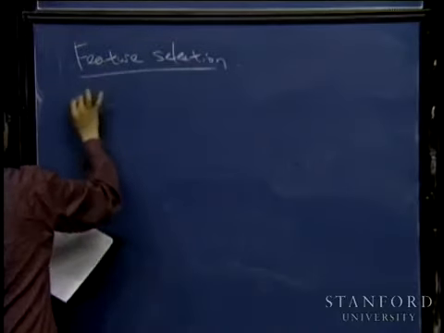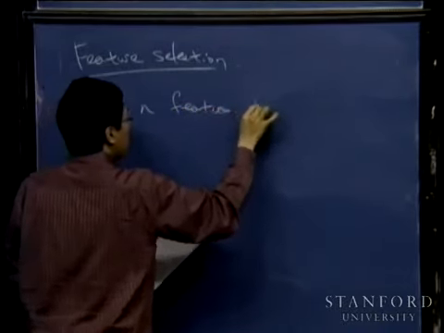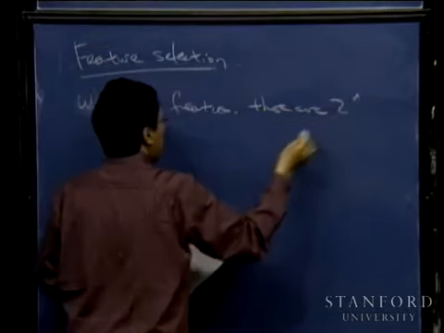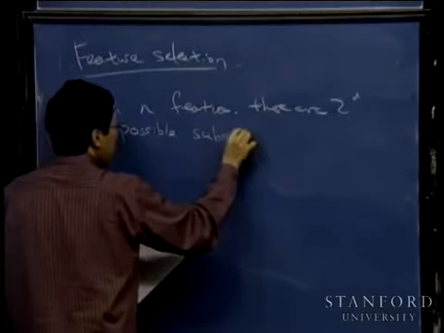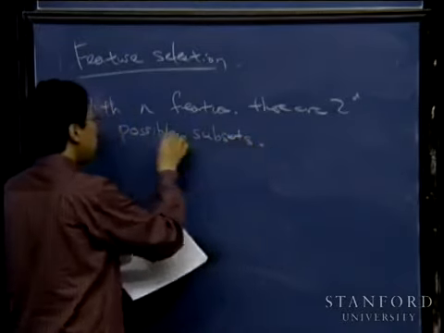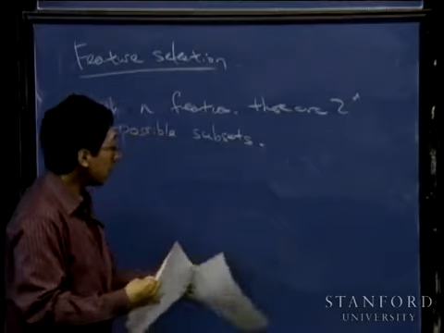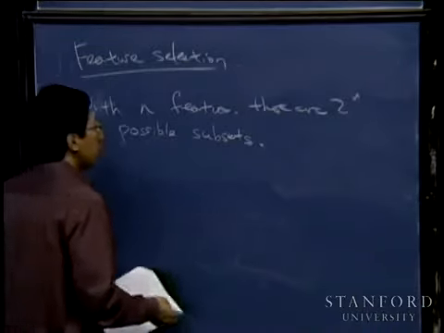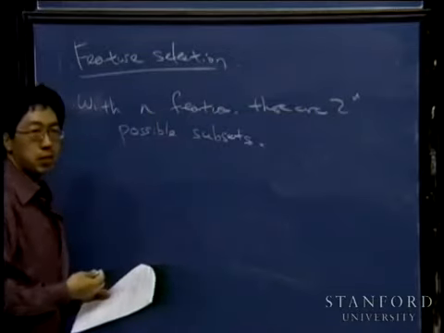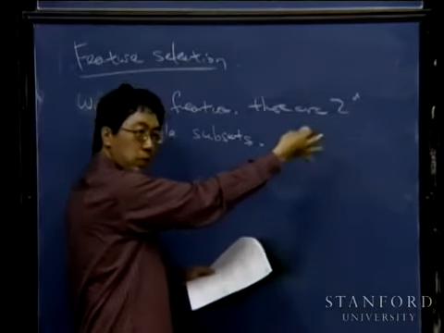Well, if you have n features, then there are 2 to the n possible subsets, because each of your n features can either be included or excluded. So there are 2 to the n possibilities, and this is a huge space. So in feature selection, what we most commonly do is use various search heuristics, simple search algorithms, to search through this space of 2 to the n possible subsets to try to find a good subset of features, because this is too large a number to enumerate all possible feature subsets.